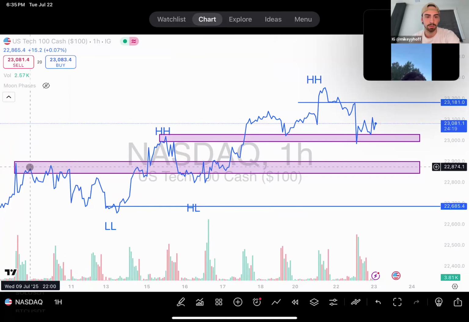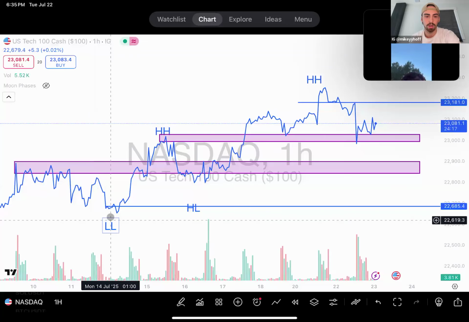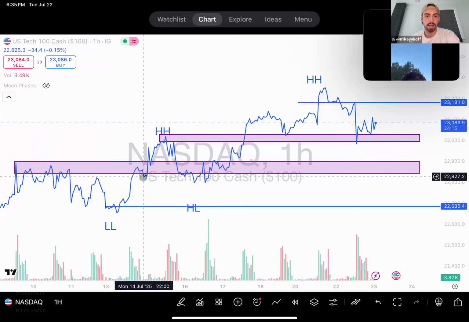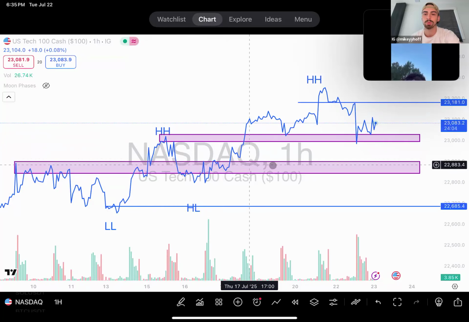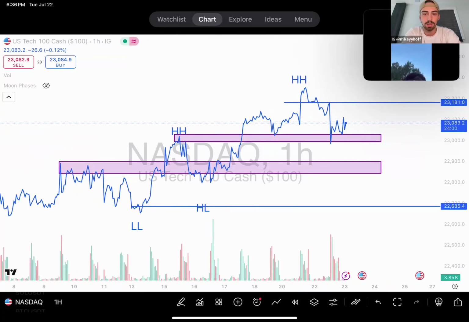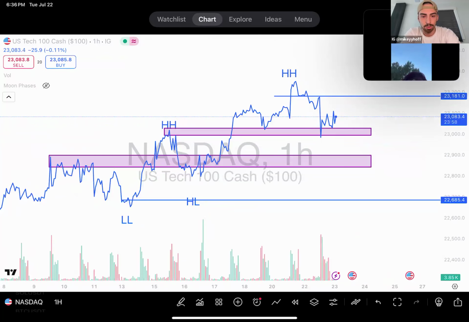We have a few different touches in the zone. We played below. We resisted off of it one more time, played lower. Now it came above this high. And now we're supporting off of that area, broke below again, resisted, and then broke above. So this would be our next zone, the next area that we're going to be looking for the market to act as a support.